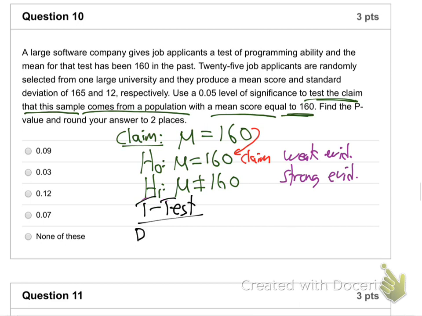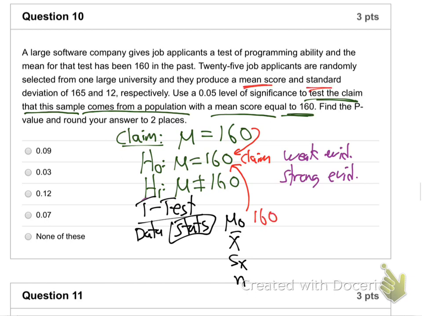And when it says data or stats, I choose stats. And stats asks me for mu0, x bar, s sub x, n. All right, what's mu0? Yeah, it comes from the H0. 160. The x bar, hopefully they gave it to me.